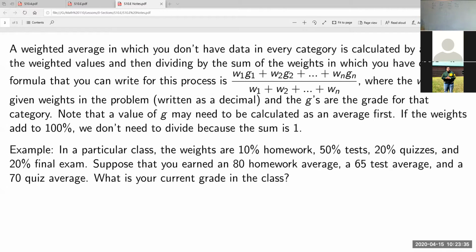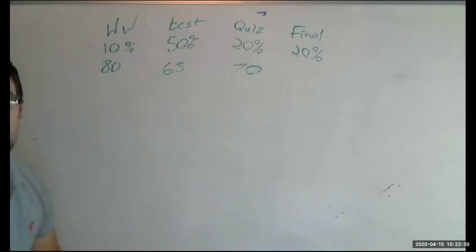What is our current grade in the class? How do I find our current grade in the class?